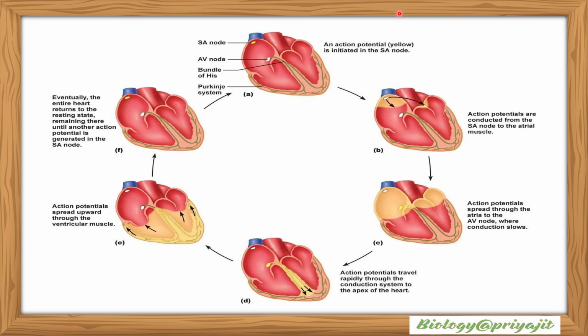So, in short, the diagram shows how an electrical signal starts in the SA node and travels through the special pathway, making the atria and ventricles contract in a coordinated sequence to pump blood. So in today's class, we learned how the SA node, AV node, bundle of His and Purkinje fibers work together to generate and conduct cardiac impulses.